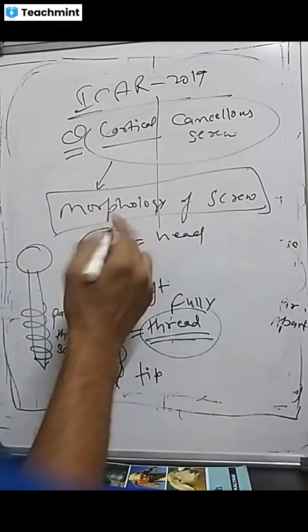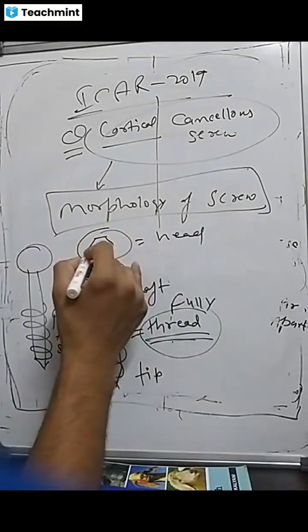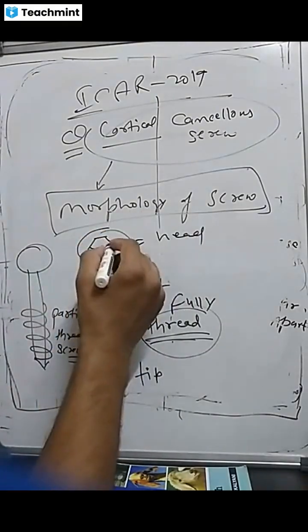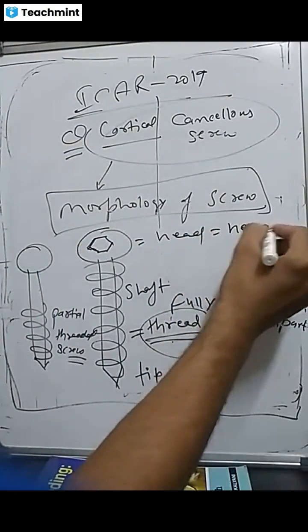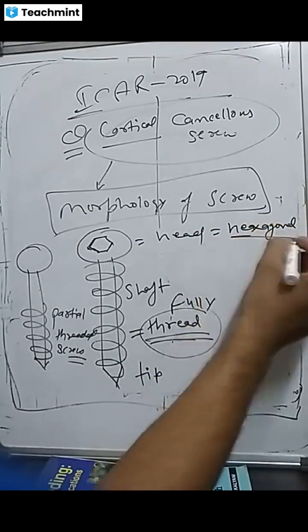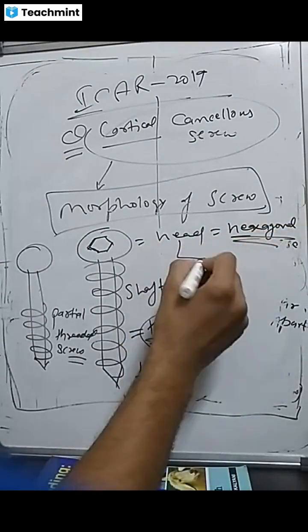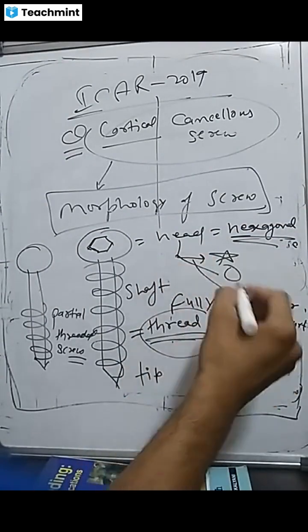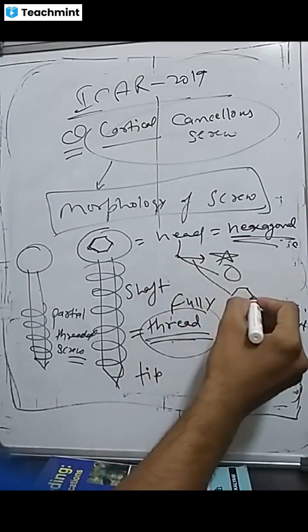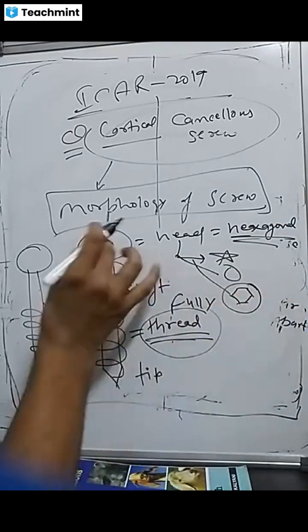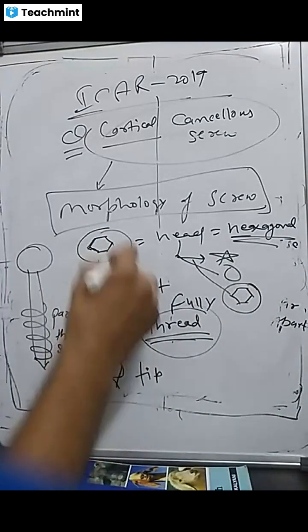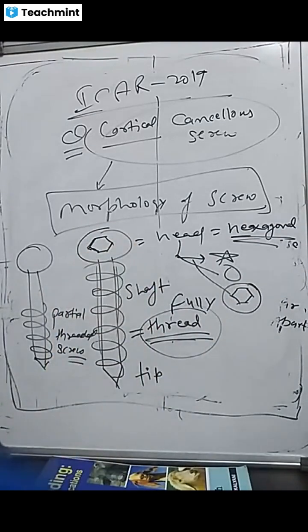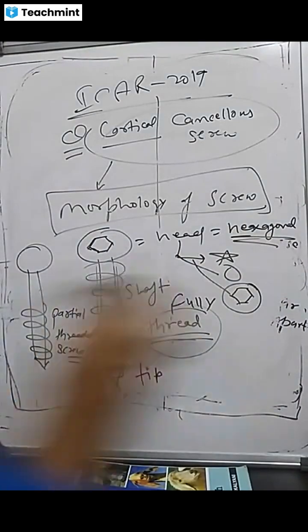The head commonly used in our practice is hexagonal in shape. It may be oval, but what we are using is the hexagonal head. Shaft is where our threads are.